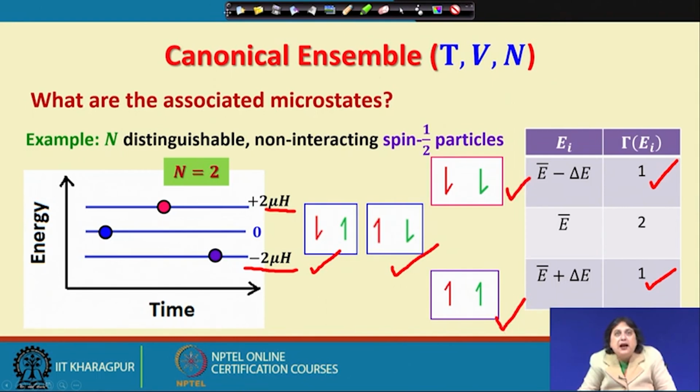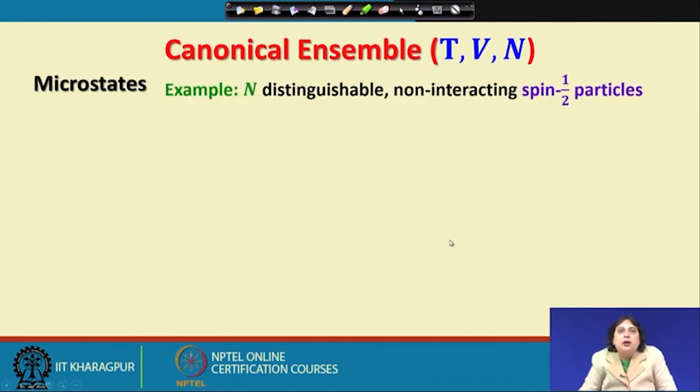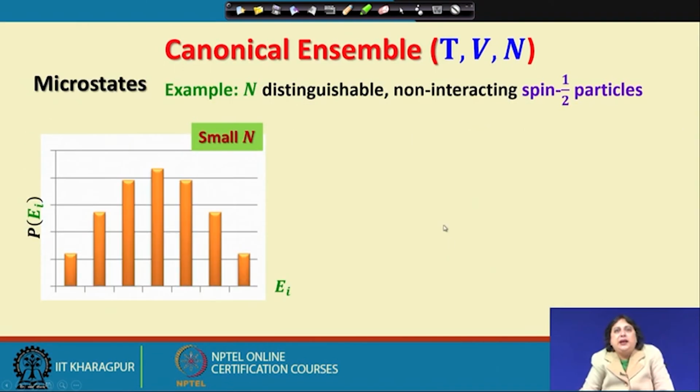Now, let us go and take a little more complicated example, and that is as follows. Next, let us choose a small n, something like n equal to 6 or so. Then what we find is that if I look at the possible values of the total energy of the system and I plot along the y axis the associated probability of observing the system at these energy values in contact with the thermal reservoir, then this is the kind of distribution that I will get.